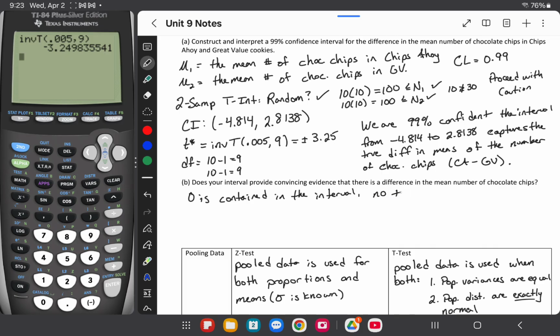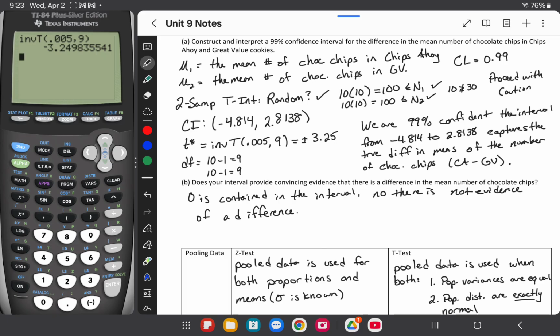We would say no, there is not evidence of a difference. What that means is, again, 0 is in our interval. There's still the possibility that there is no difference. In fact, it looks like they're pretty darn close to each other in terms of how many chocolate chips are in each.